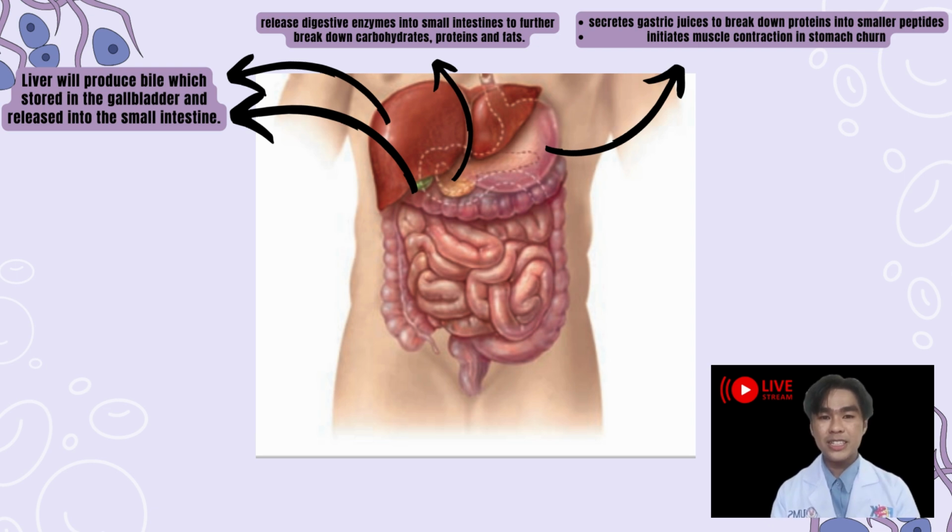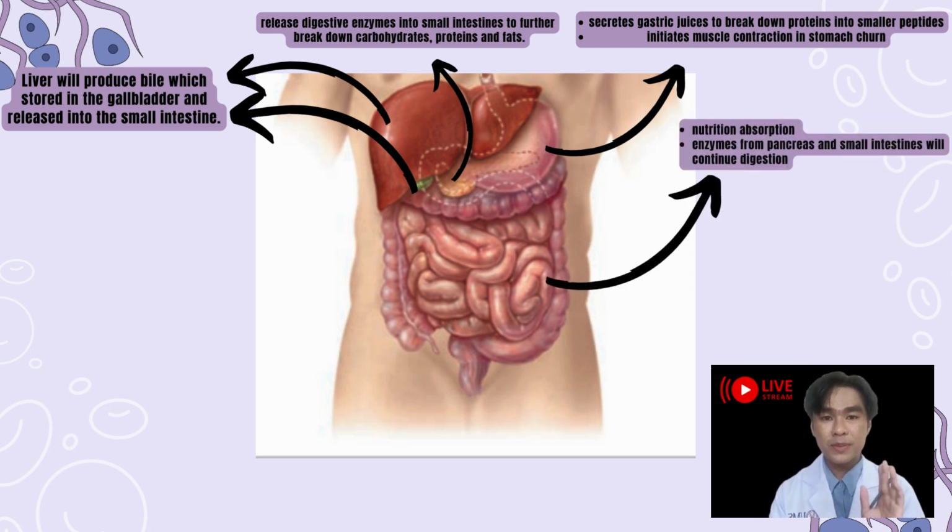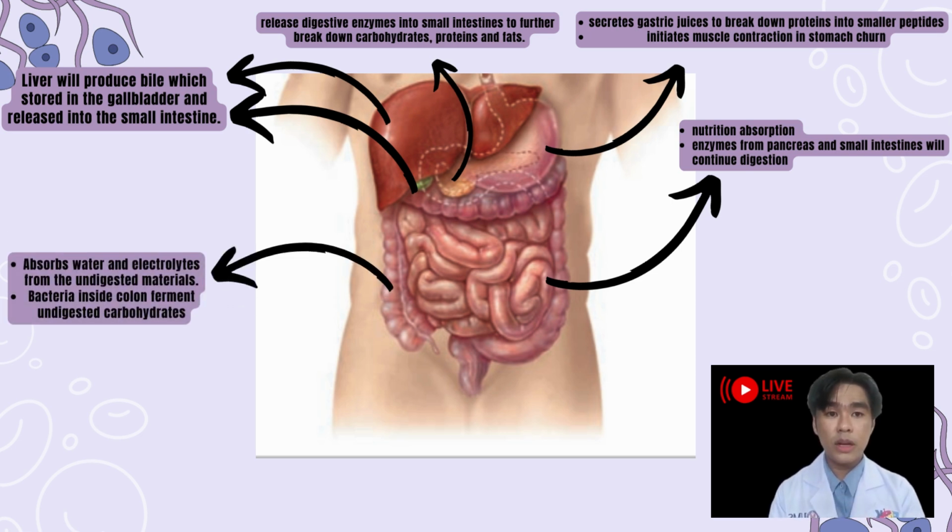The next organ is the small intestine. The small intestine is important for nutrient absorption. The enzymes from the small intestine and also the pancreas will continue the digestion of the food. Next, we have the large intestine. The large intestine will absorb water and electrolytes from the undigested materials.